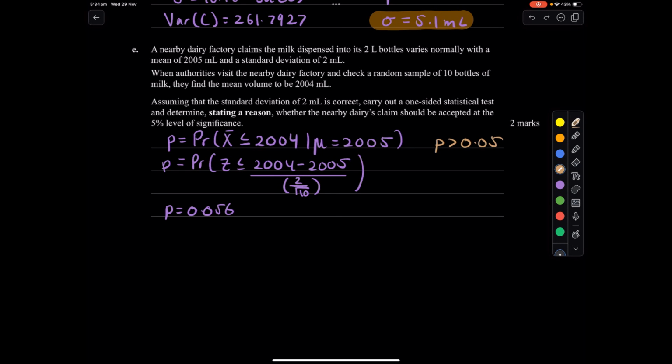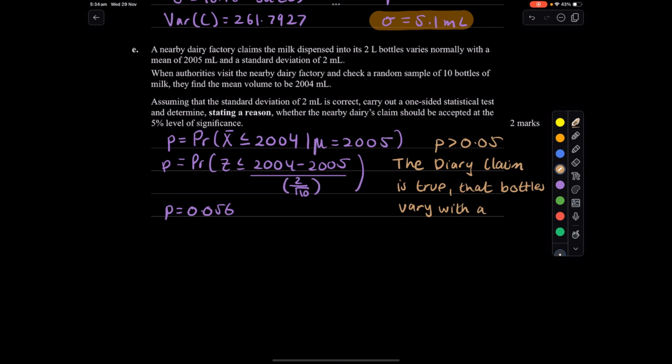So we say that the dairy claim is true, that the bottles vary with a mean of 2005 milliliters, because we are accepting our null hypothesis.